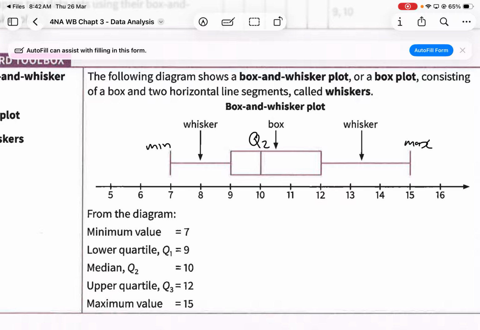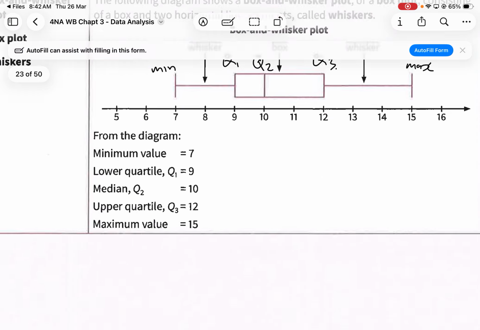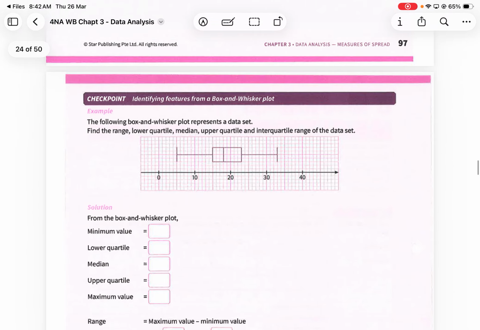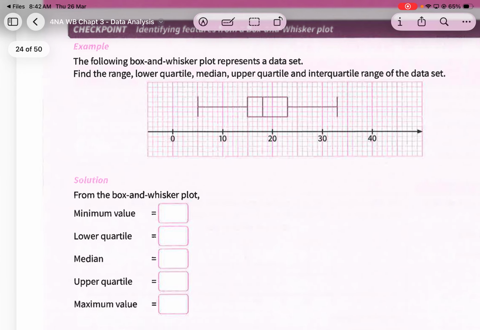Okay, so a box and whisker diagram only focuses on these vertical lines and their values, from minimum to Q1 to Q2 to Q3 to maximum, like that only. From there, if you want to find your interquartile range, same, take Q3 minus Q1, 12 minus 9. So the box and whisker diagram is new, but it is quite simple to understand.